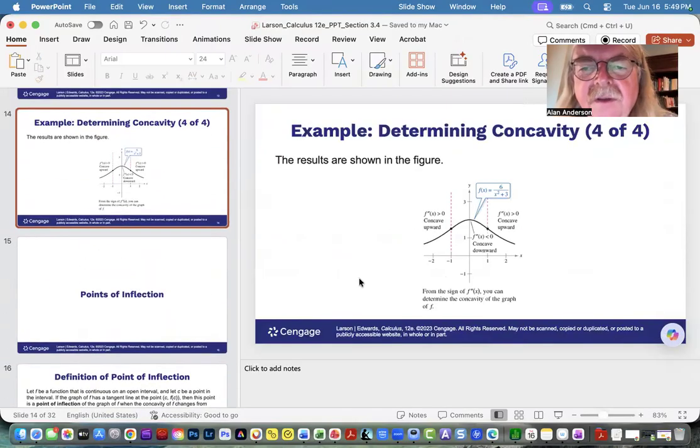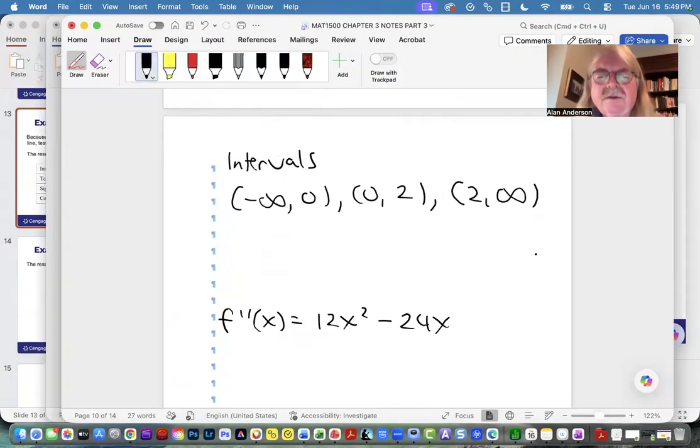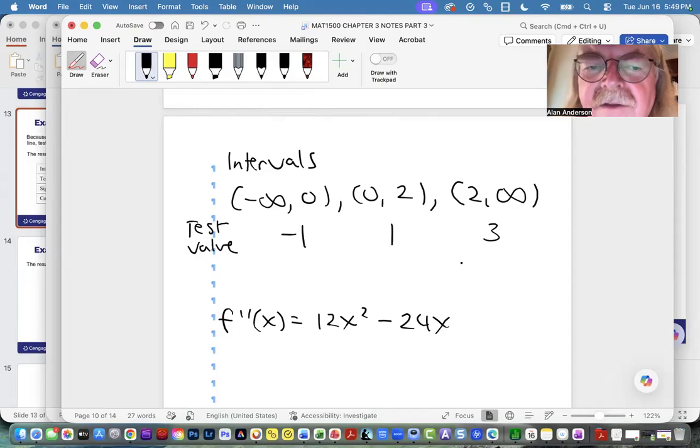Let's go back and look at one. There it is. So you've got an interval, then you have test values, they're called. All right, so I randomly picked those 3 points because they're in that interval.